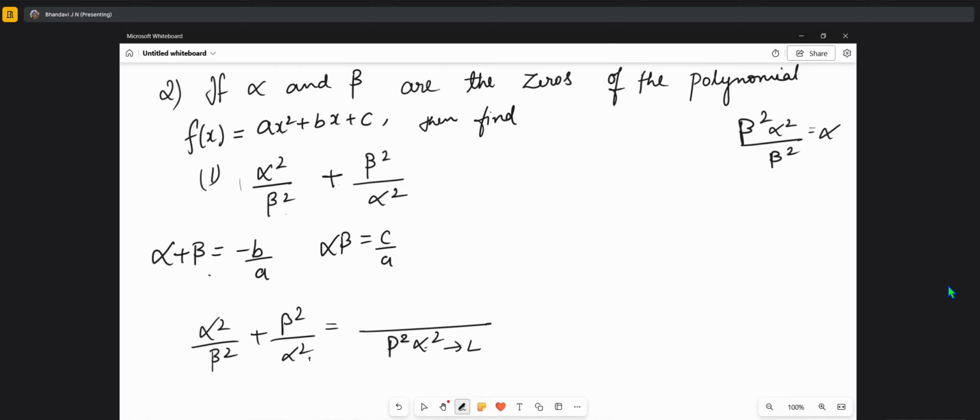We'll get it as alpha square. Correct? Alpha to the power of 4. Okay. Then here beta square into alpha square divided by this alpha square. So we'll be able to cancel this, beta square will be there. So beta square into beta square will be beta to the power of 4. Now this you have to find. Okay. Now try to find this.